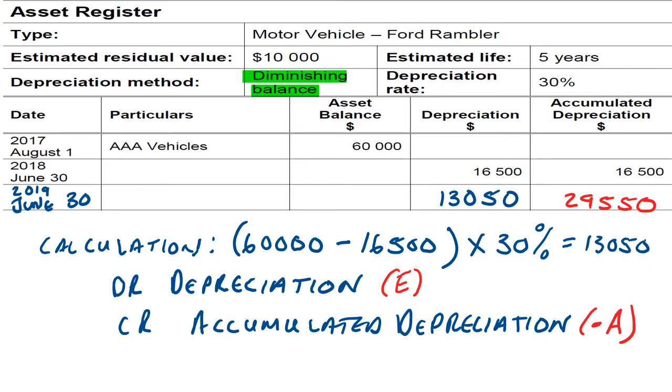My accumulated depreciation is now the 16,500 plus the 13,050, which is a total of 29,550. I will debit my depreciation, which is an expense, and credit my negative asset, accumulated depreciation.